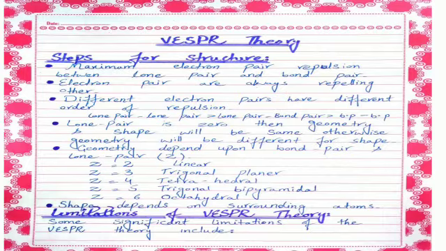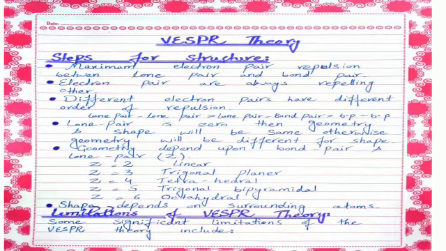Lone pair-lone pair is greater than lone pair-bond pair, which is greater than bond pair-bond pair. If lone pair is 0, then geometry and shape will be the same, otherwise geometry will be different from shape.